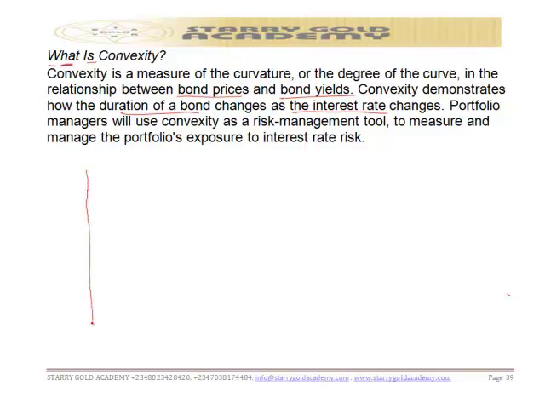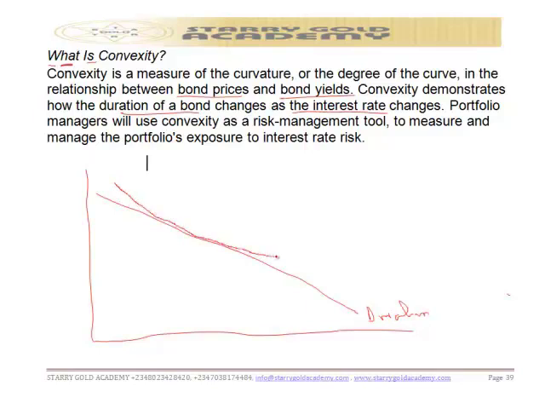Now we have something like this. This is our duration line. So from this line, we now have two bonds. This is duration. We have two bonds that are tangent to duration like this.